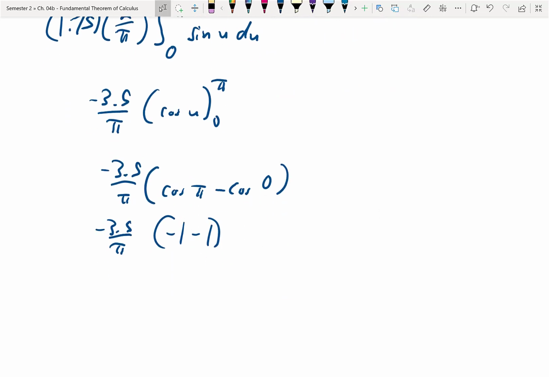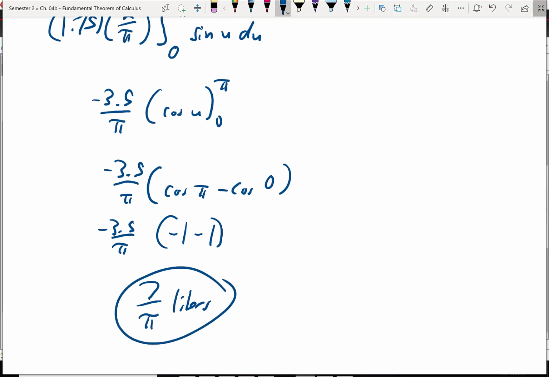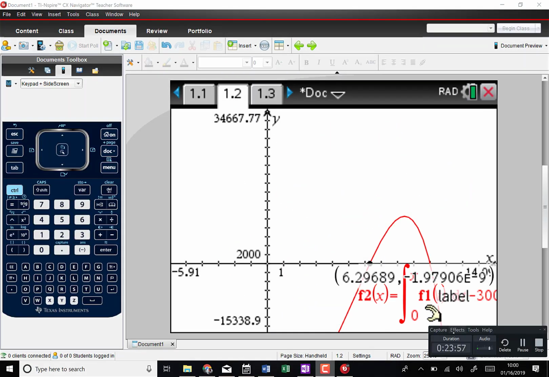Negative 2 times negative 3.5 is 7. Oh, units. Liters. Hang on.